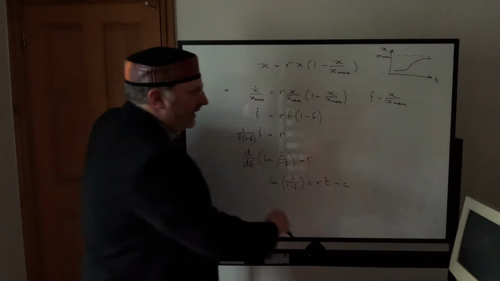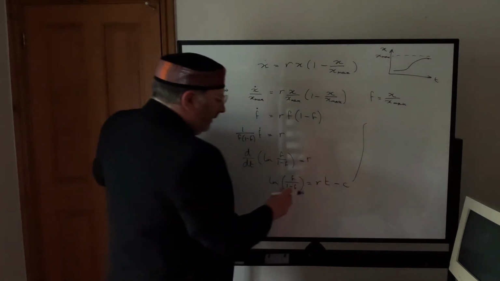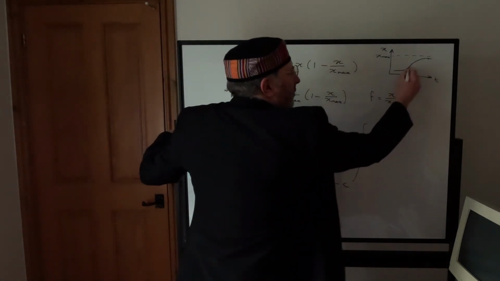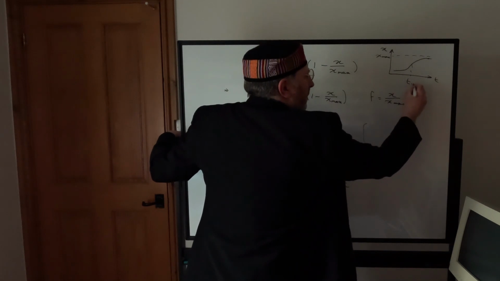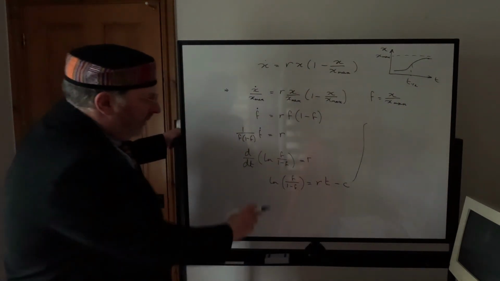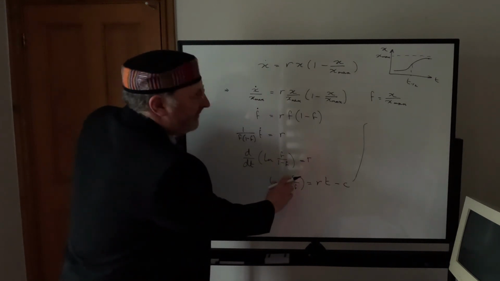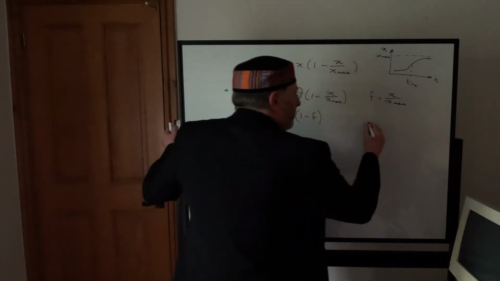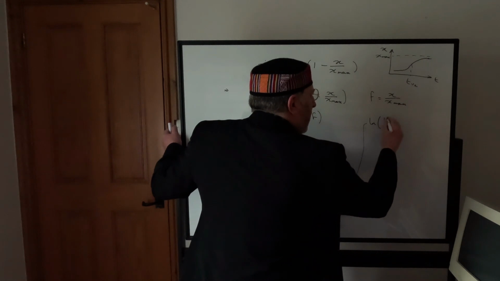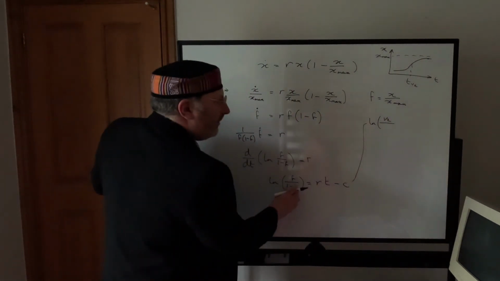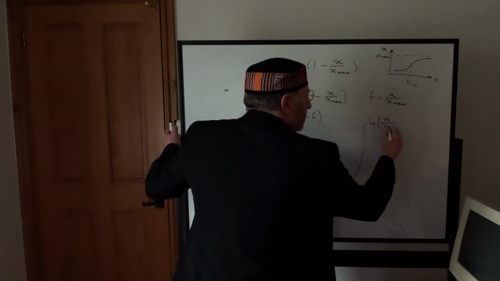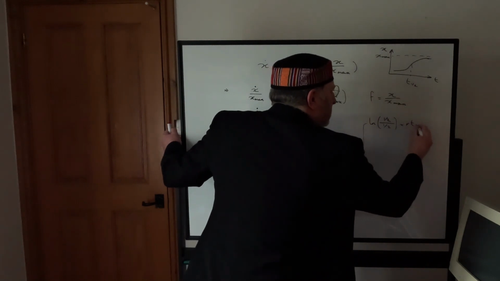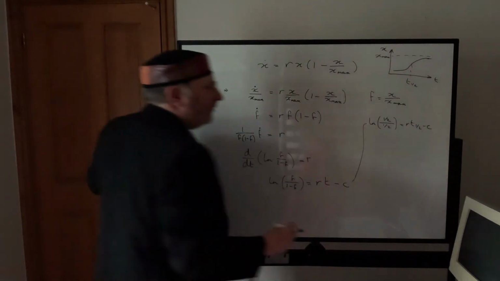And what is c? Well, consider the situation when the growth is halfway. So we'll call that t 1/2. When the growth is halfway, f is a half. That's a fraction of the growth completed. So this will be the log of a half over 1 minus a half, which is also a half, equals r t1/2 minus c.